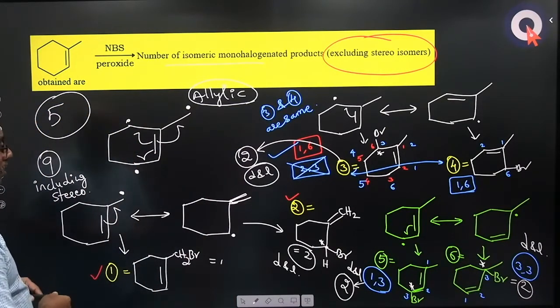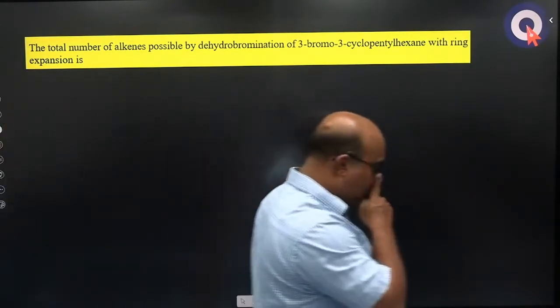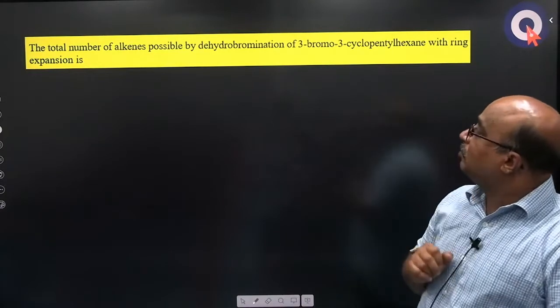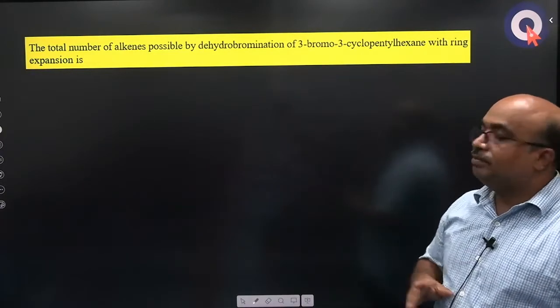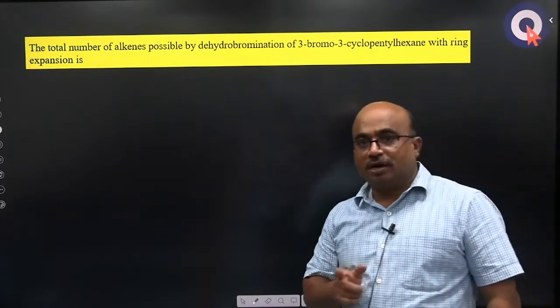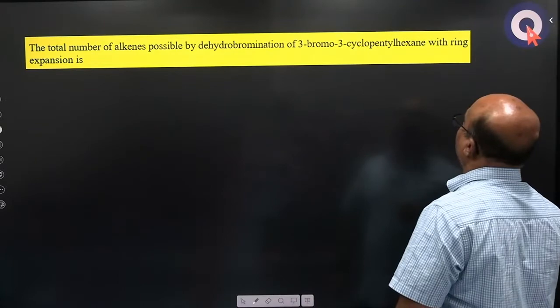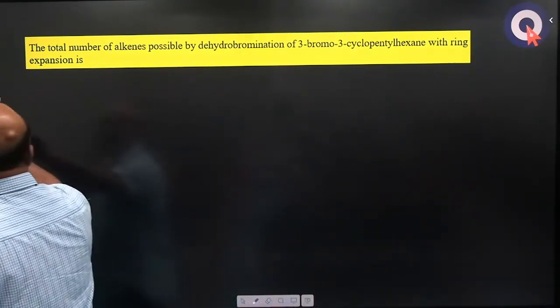Coming to the next thing. Next slide will be mostly for us it is empty. The next, total number of alkenes possible by dehydrobromination, removal of H and Br, of 3-bromo 3-cyclopentyl hexane. So what is the basic structure of that compound?